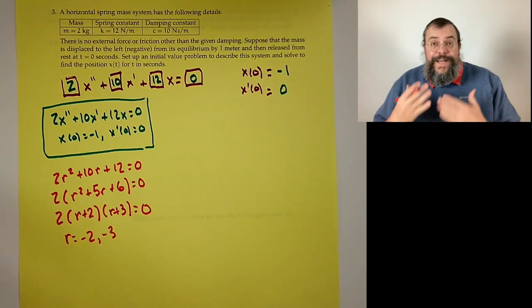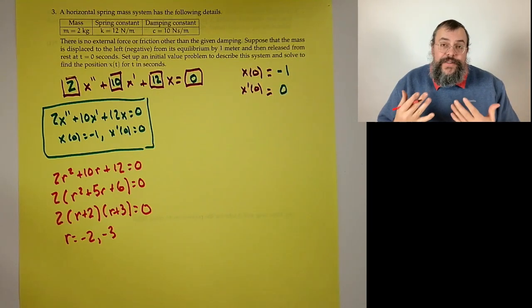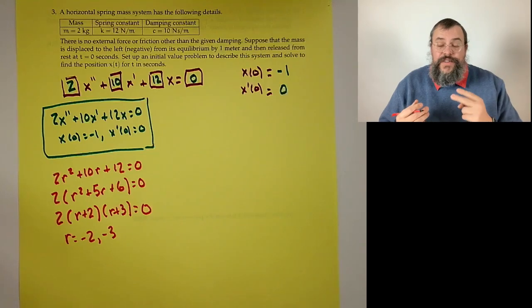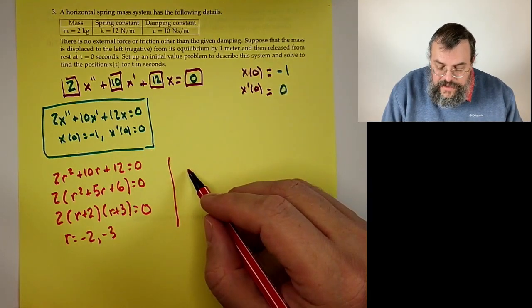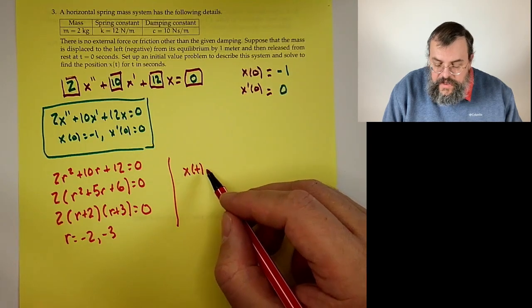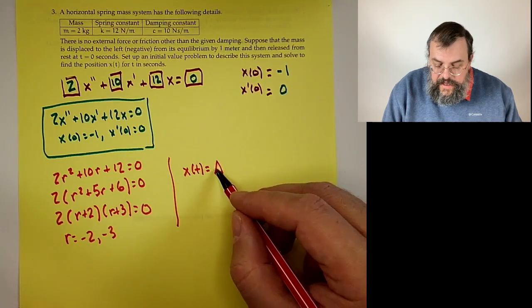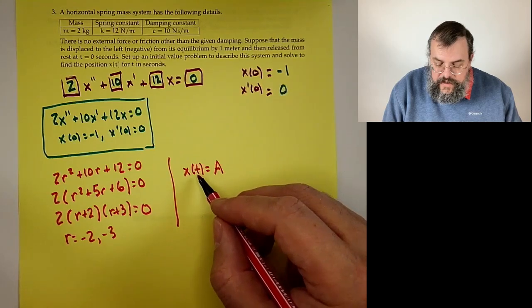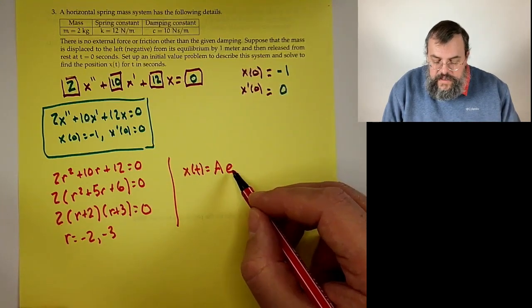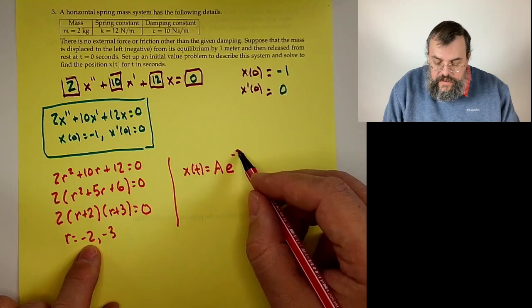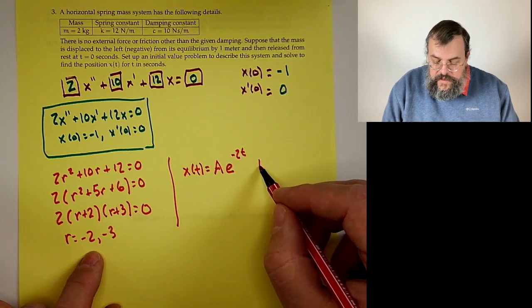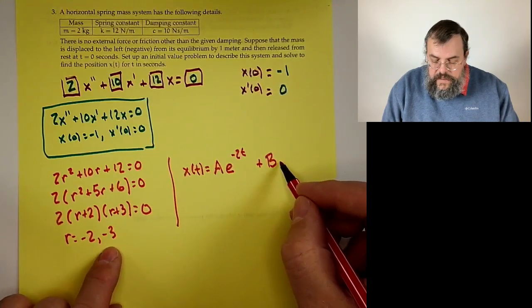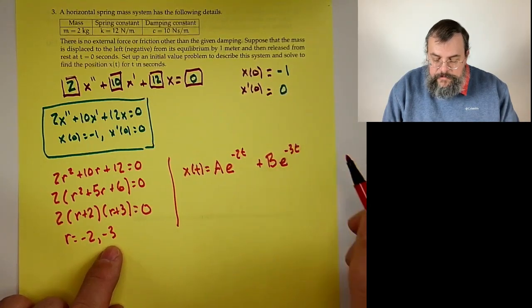Now, what does that do? Well, it tells us that we have two nice solutions. They're distinct roots, and so our solution looks something like the following. There's some constant a, and then it's going to be e to the -2t, the -2 coming from our first root, and then there's some constant b, and then e to the -3t.